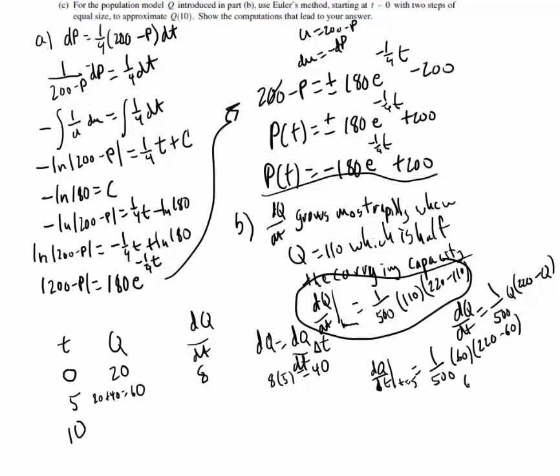So this is going to be 60 times 220 minus 60, which is 160, and then 1/500. Well, this 0 on top will cancel that 0. This 0 will cancel that 0. And 6 times 16 is 96 over 5. So that's 96 over 5.